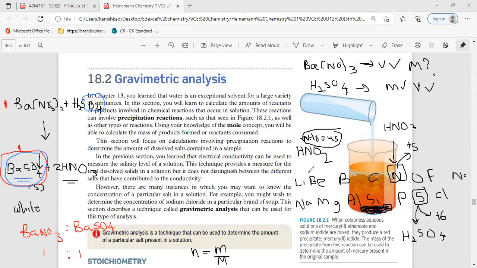If you know the moles and volume, you can calculate concentration, because concentration equals moles divided by volume. That's a very simple way, but that is not exactly how you will get questions.